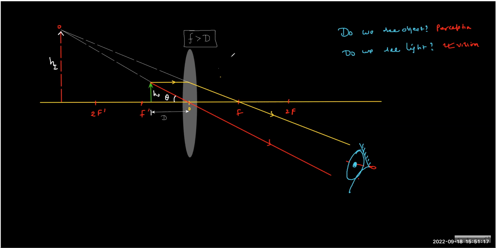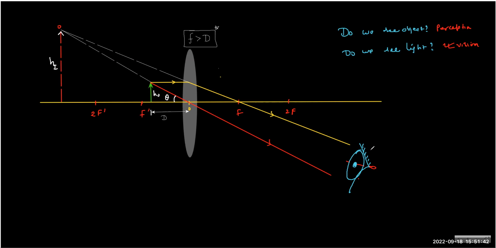Do you realize this? So for magnification, the first thing is we must have the focal length more than d. We need magnification, and that is only achievable when we have the condition that f is more than d. If it is less than d, the theta will never grow more than the actual value.